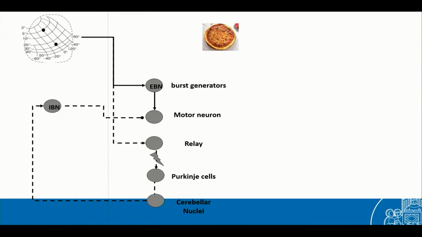But there is also the action of the cerebellum, which depends on the efferent copy of the burst generators and allows reaching the target in a very accurate way, because if we cut this part related to the action of the cerebellum, we will have a saccade which overshoots the target.